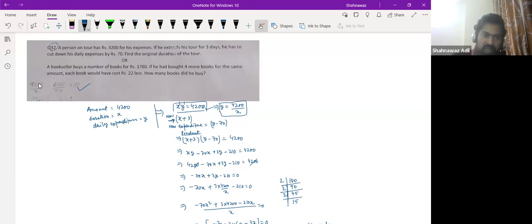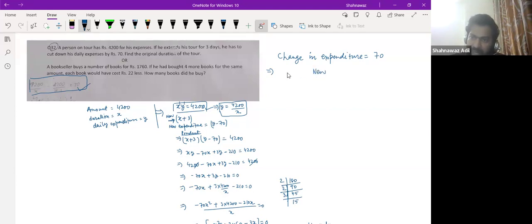So in this one, you have written change in expenditure, right? So what is that? Change in expenditure is 70, right? So which one is the greater one? If we are increasing the days, then we have to reduce the expenditure. So new expenditure is less.